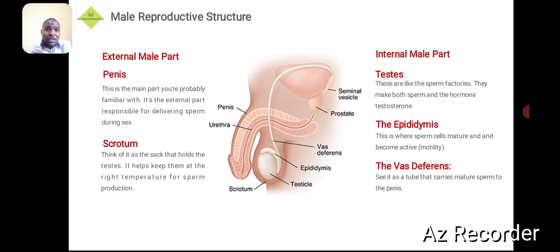One, it's involved in testosterone production. Testosterone is the hormone we call the male hormone. It is responsible for the secondary sexual characteristics that we see during puberty. It is also involved in sperm production.